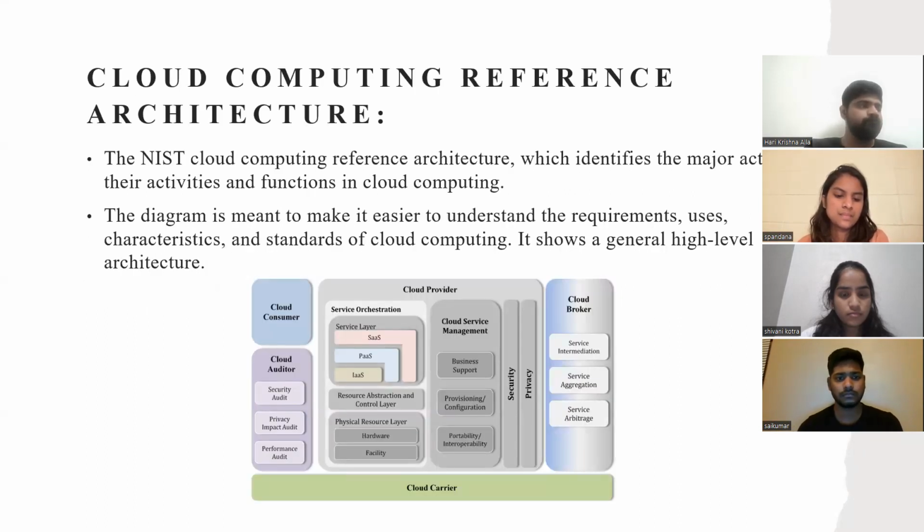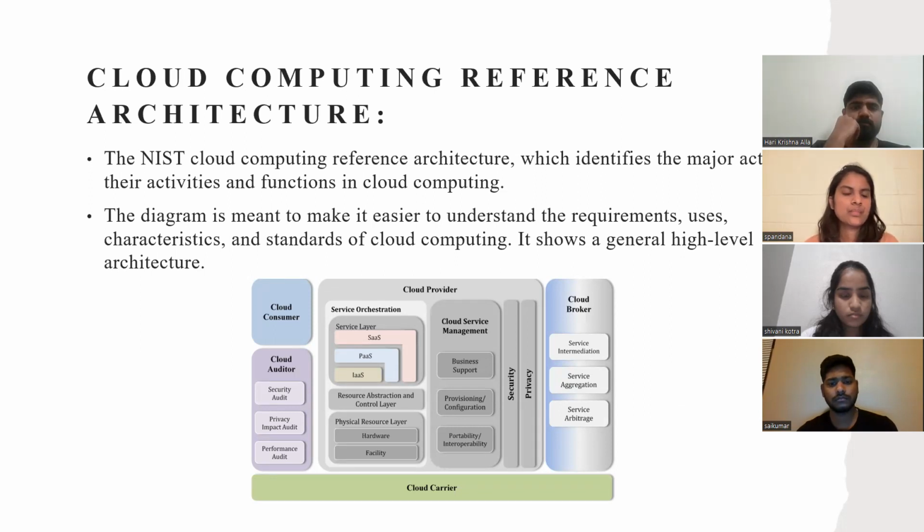Cloud Computing Reference Architecture. The NIST Cloud Computing Reference Architecture identifies the major actors, their activities and functions in cloud computing. The diagram is meant to make it easier to understand the requirements, users, characteristics, and standards of cloud computing.